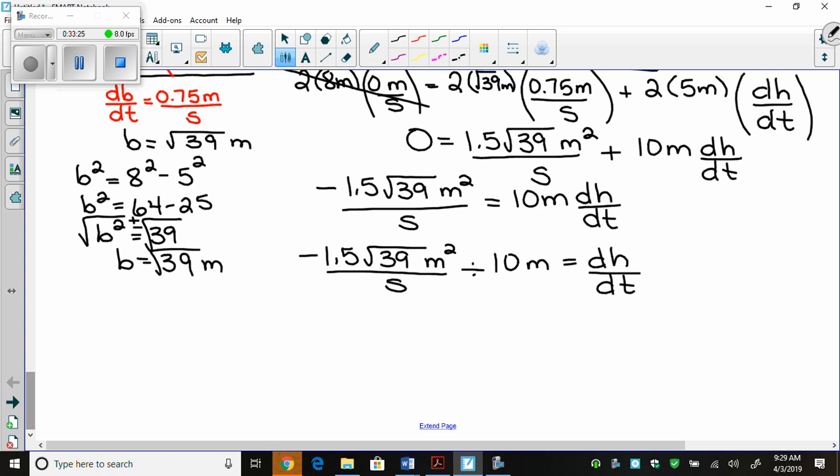And when we're dealing with units division, you never go over top of a fraction. You always write it out. So we're going to get negative 1.5 square root 39 meters squared per second times 1 over 10 meters.